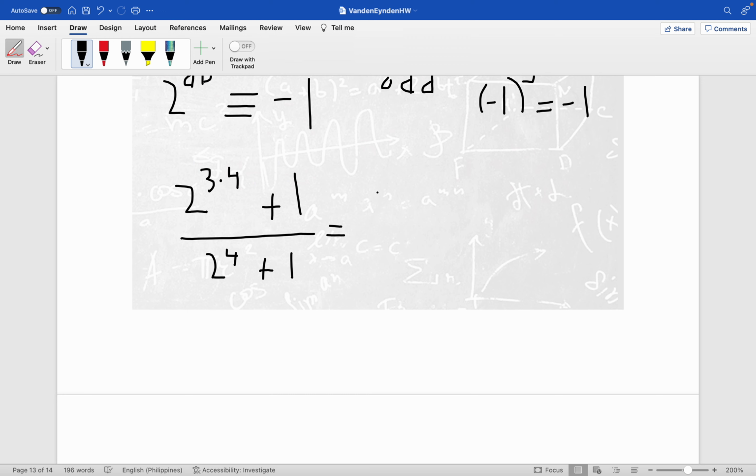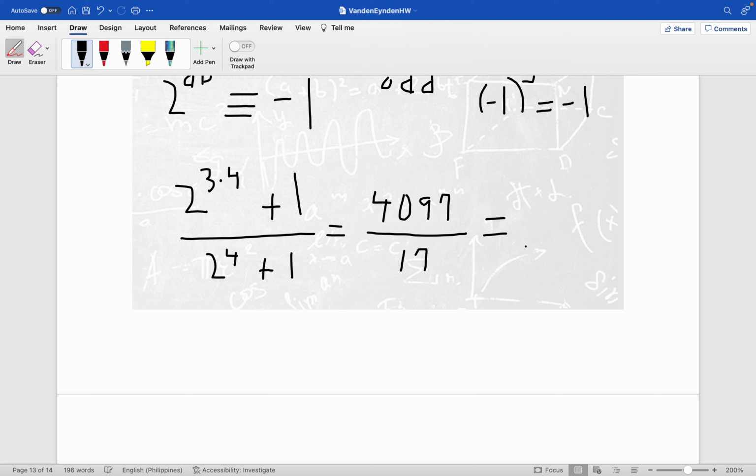You end up with 4,097 in the numerator, and downstairs we can do that in our head: 2 to the 4th is 16, plus 1 is 17. This would be very tedious to show manually, but it does resolve to an integer.